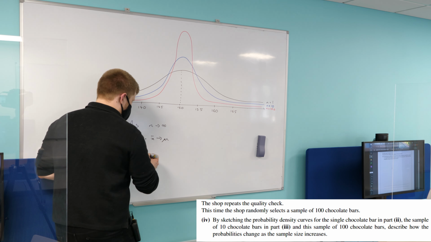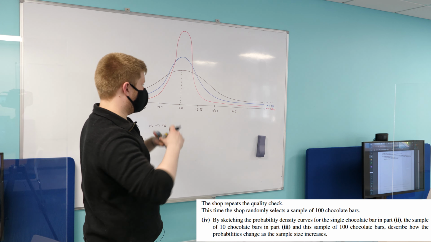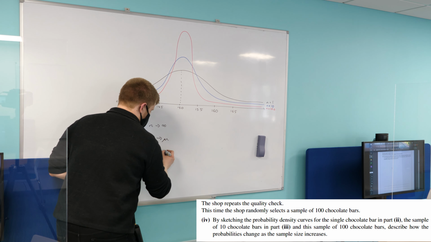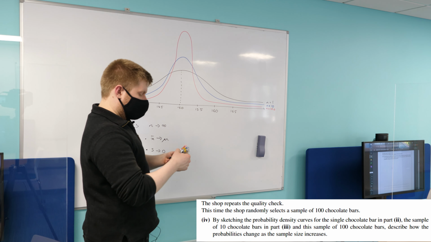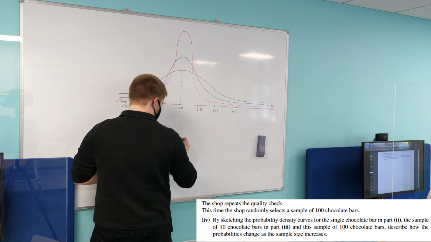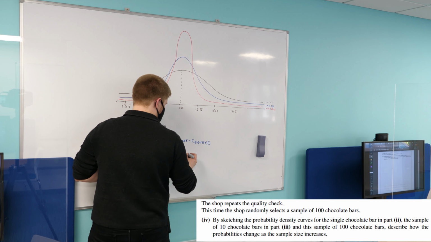So that's the first thing that happens. But also you notice that the spread of the curve, which is the standard deviation, approaches 0. Okay? So literally in words, it becomes more centered and the spread decreases.